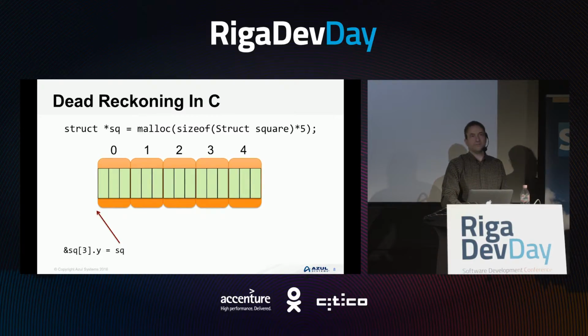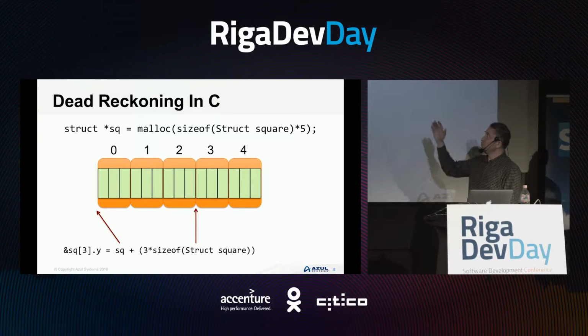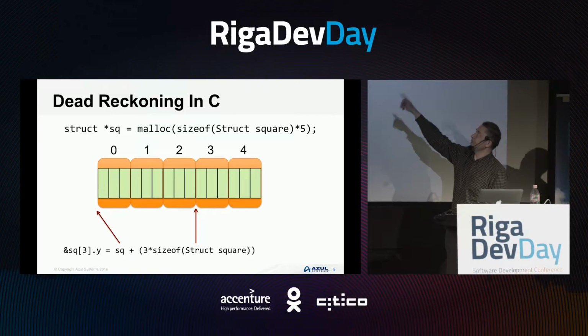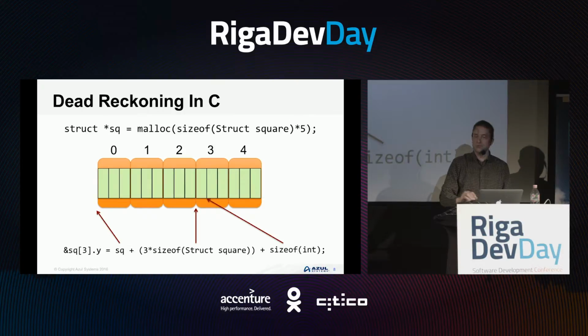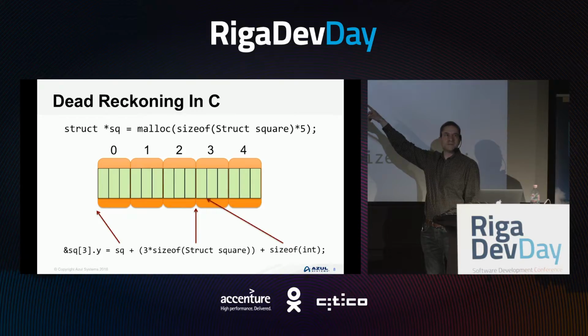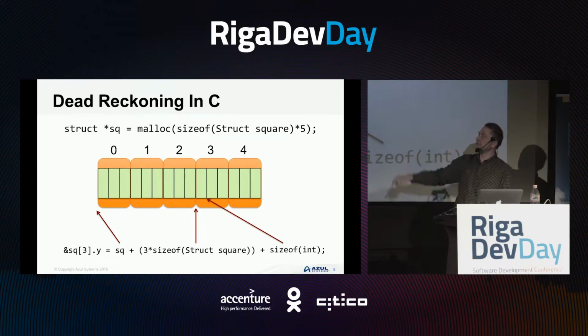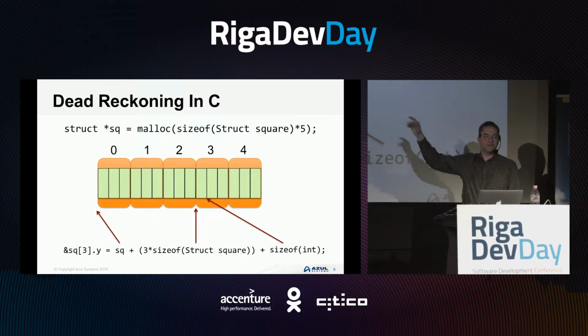I know that I'm indexing to element number 3, which is actually element number 4, because bizarrely in computer science we start counting from 0. So we have to move to the 4th element in the array, which is number 3. And then we add the size of an int to move past the x int to the y int. That way we can find y very simply by doing a mathematical calculation. That's very fast, because of course we can convert that into machine code, and we can very quickly identify where that particular element is.